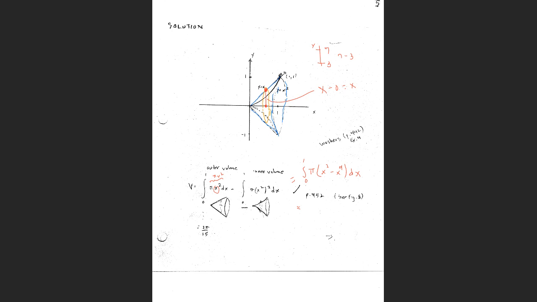And then that integral, if you factor out a pi, you'll get pi times the integral from 0 to 1 of x squared minus x to the 4th dx. And it's an easy antiderivative to do. It's just equal to pi times x cubed over 3 minus x to the 5th over 5 from 0 to 1.